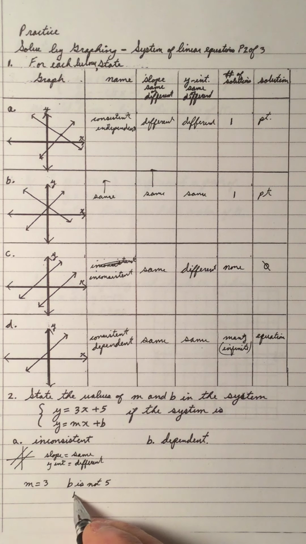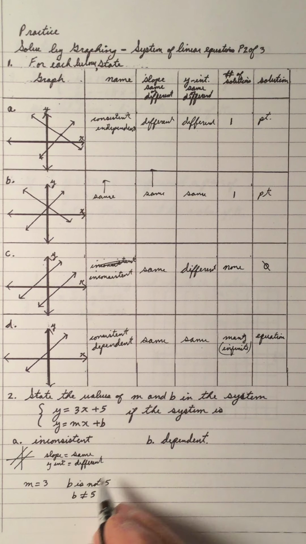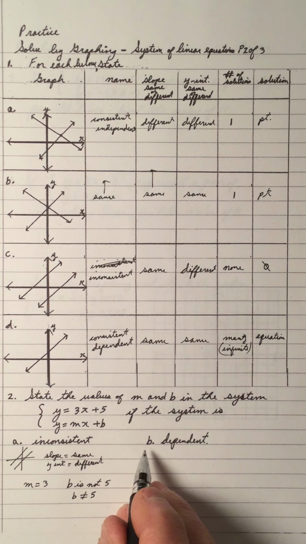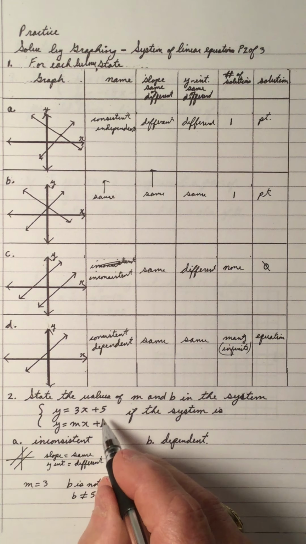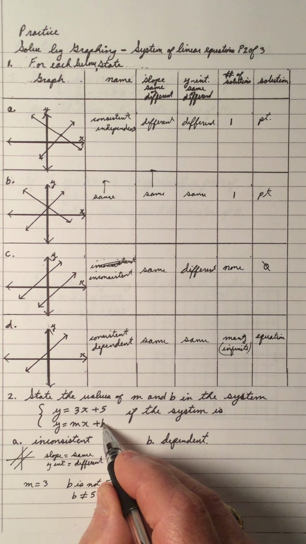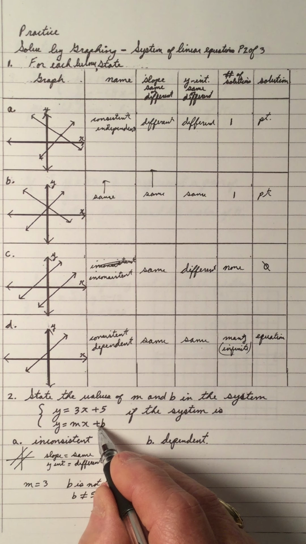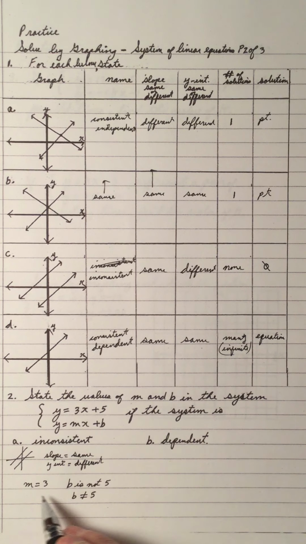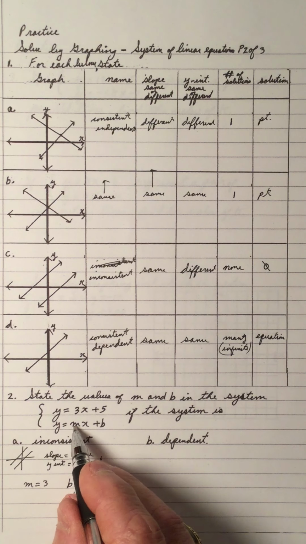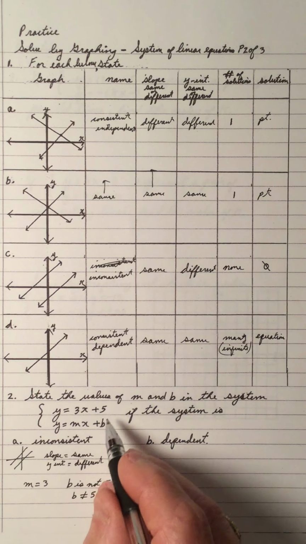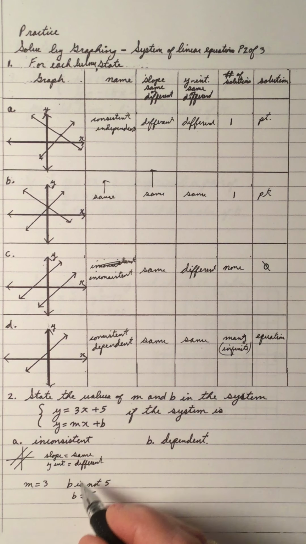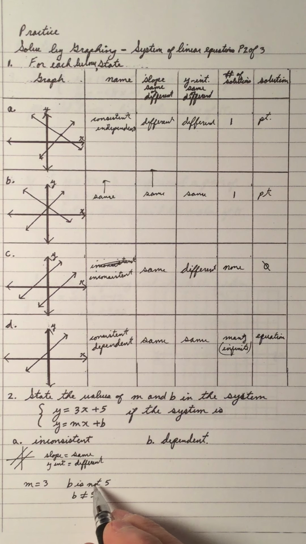Another way to say that, b is not equal to 5. b is not 5 means what? b is any number but 5. So I could have a 2, a 3, a half, a -5, -7, anything but 5. So m has to be 3 to be parallel lines, but also b cannot be 5. It can be anything but 5.